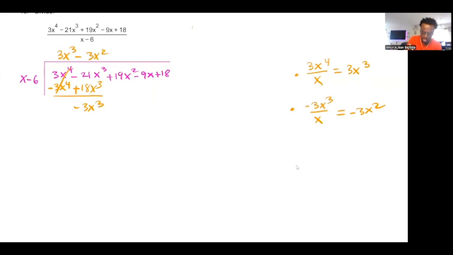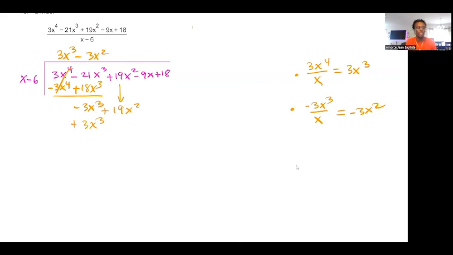So that's negative 3x times, oh, I forgot to say that we need to drop the next term. We did it, right? So that's 19x to the second. Now, negative 3x to the second multiplies x to give me negative 3x to the third, but we subtract it here, so that's positive 3x to the third, because you always want to subtract, just like we did for a regular number.